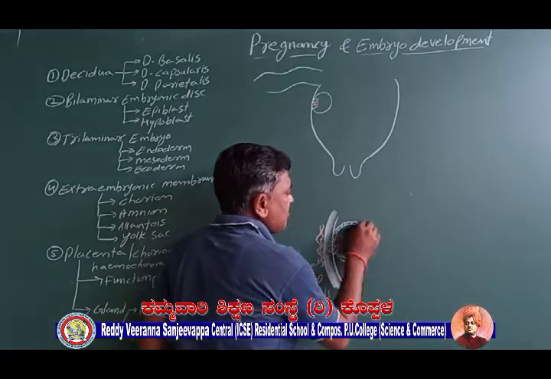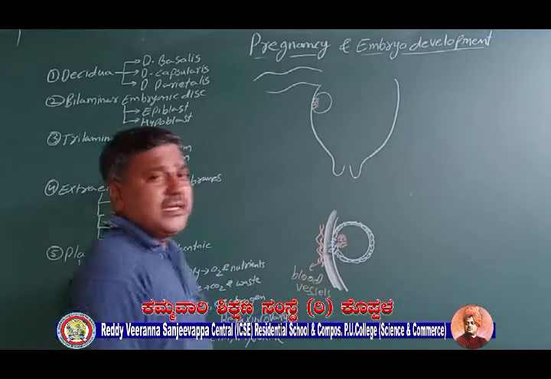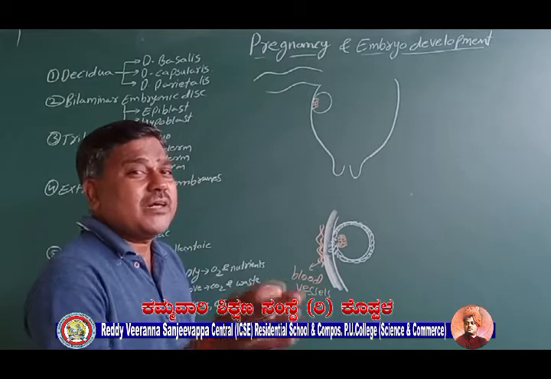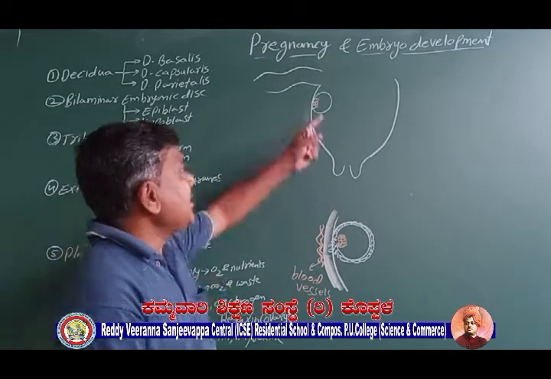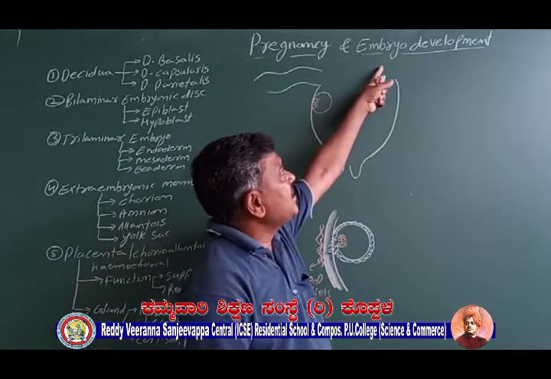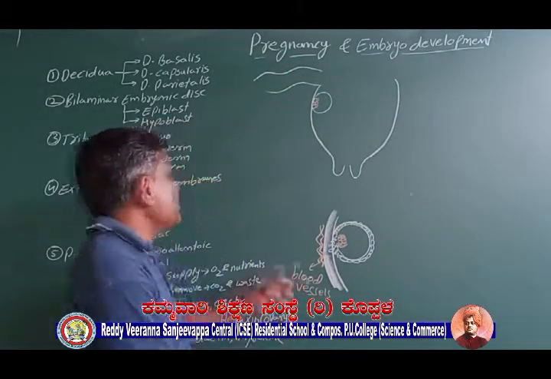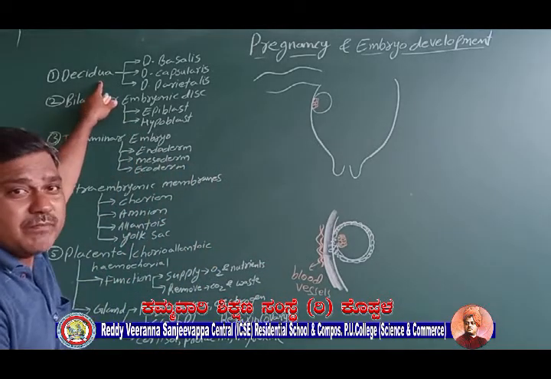Now this process we call implantation. Now what are the changes occurring in the blastocyst which lead to pregnancy and to development of the embryo? So the first change is development of the decidua.